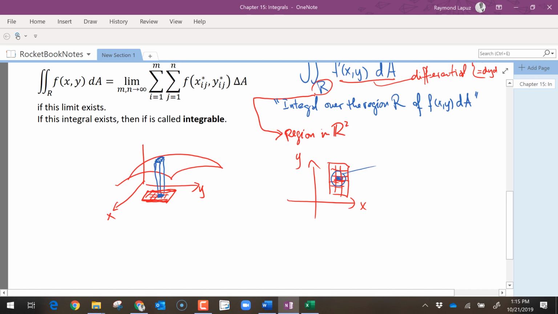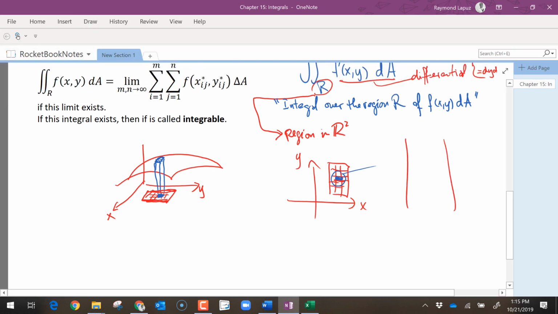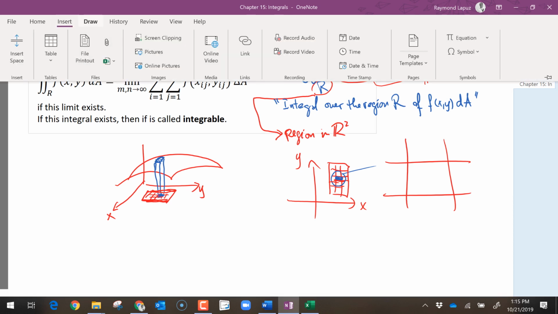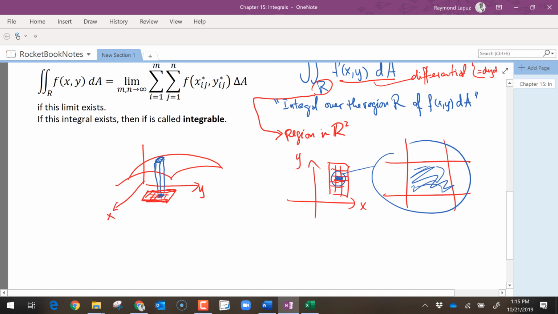Let's blow this up a little bit. So this is a blown up view of this thing.